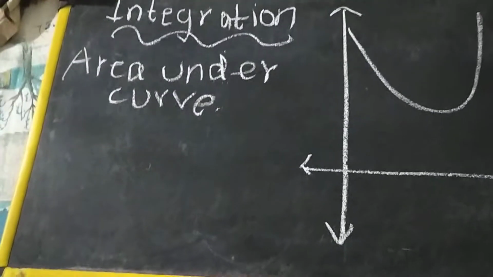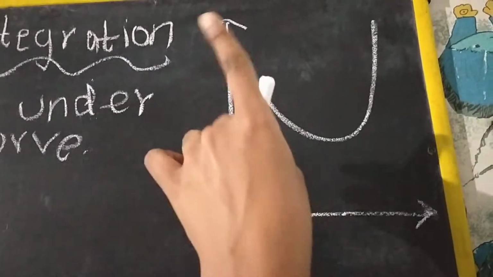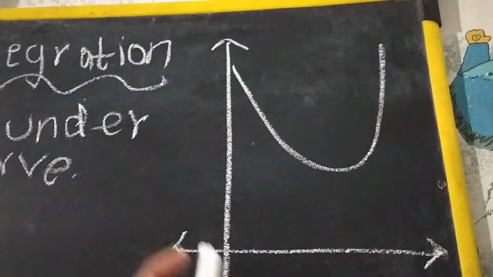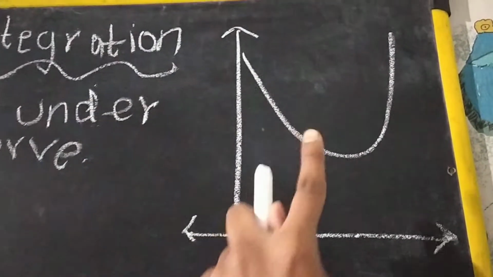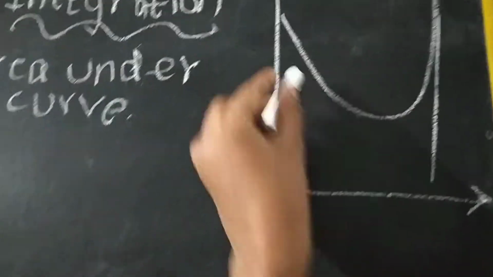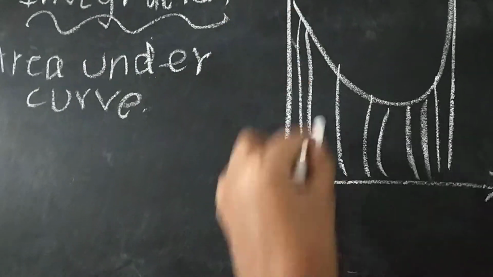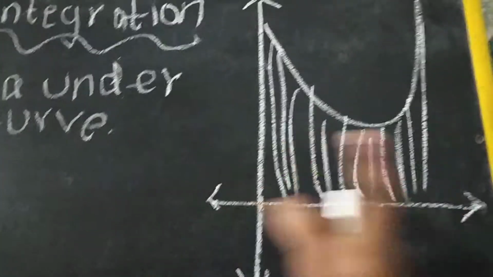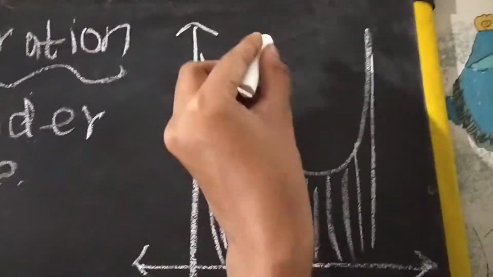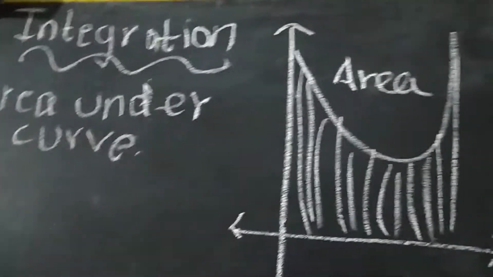Now what does this mean? To explain this, I have drawn a graph here, and on the graph I have plotted a curve, right? So now if I plot this curve, the area under this curve, let me draw it. This area under the curve is nothing but integration.